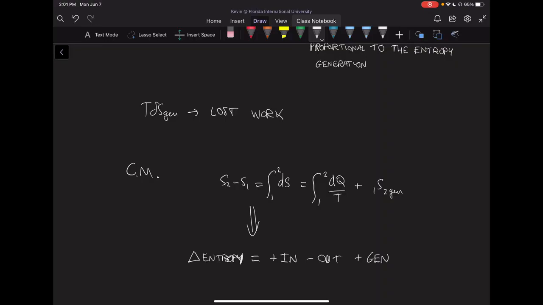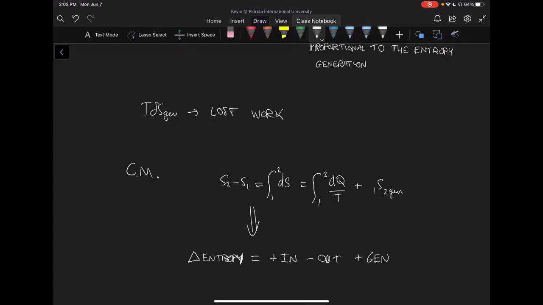Okay? So this is interesting. And remember, this is for a control mass closed system. So we're going to start with just a control mass closed system. We'll look at control volume open system after, just so we have a different view of it.